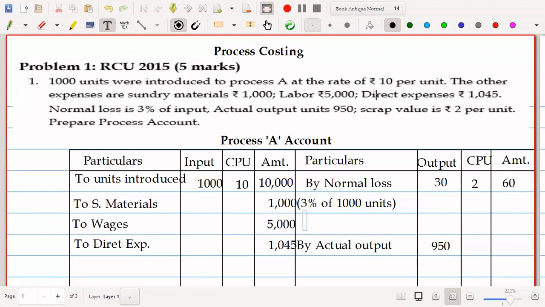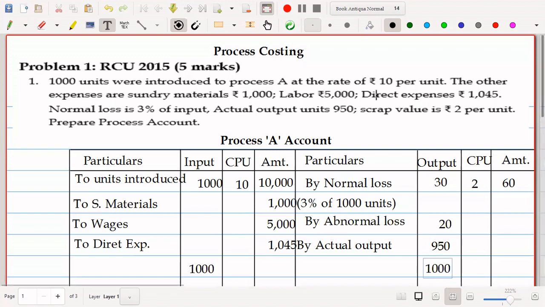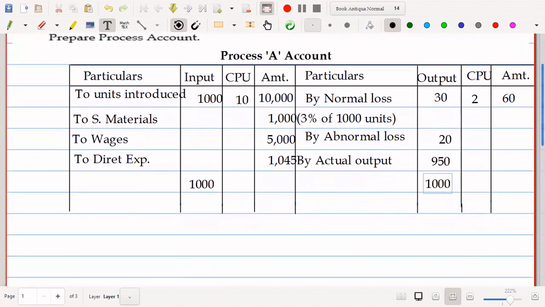So without applying a formula, we come to know the abnormal loss or gain in the process. Now we can see both sides come to 1,000. This is 1,000 and this also 1,000.